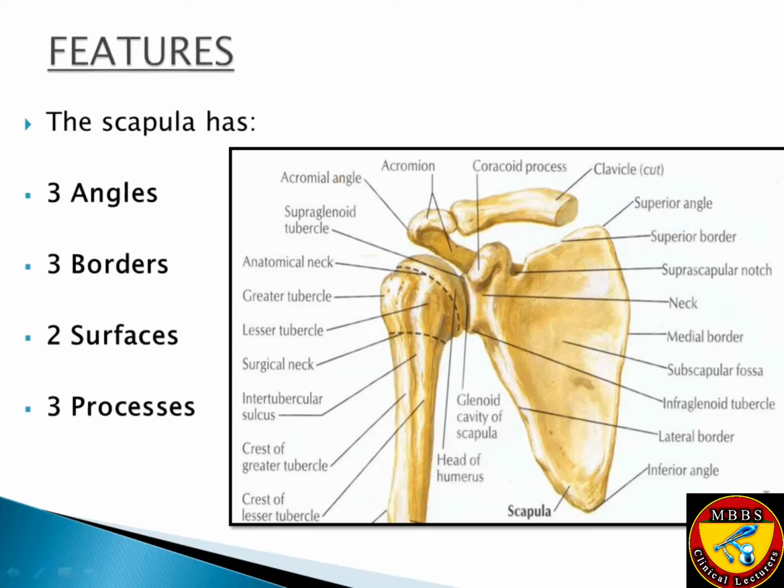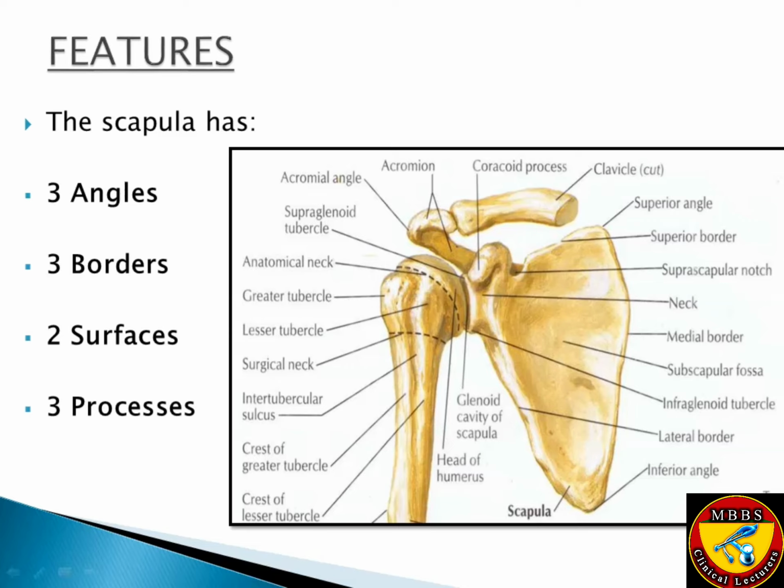Another process is called the acromion process. So you can see this is the acromion process. The acromion process is extending from a spine which is called the spinous process, which can be seen in the posterior view of the scapula.